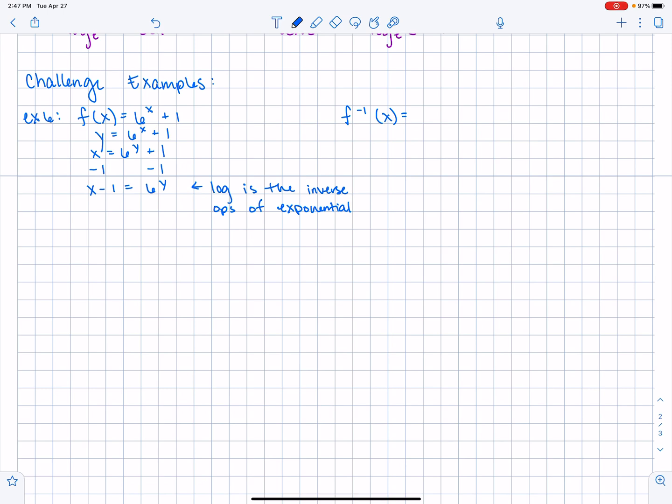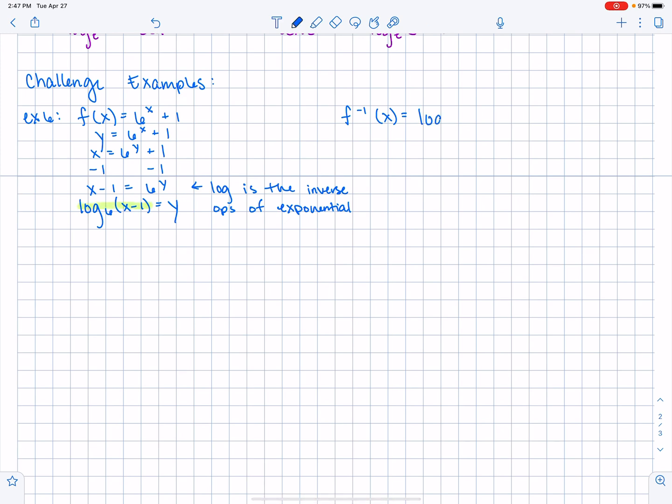You take the inverse of it. So we're going to switch this into logarithm form. We're going to say log base 6, and then I take my answer. So then I'm going to take x minus 1, I'm going to isolate that exponent, is equal to y. And there you have it. We isolated y, and this is our inverse of it.